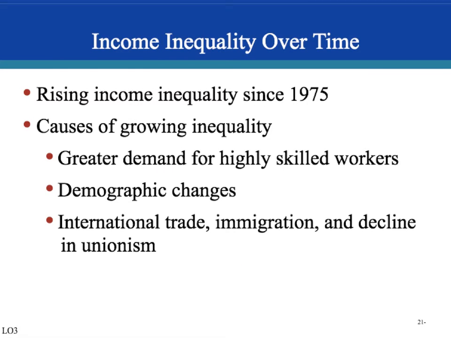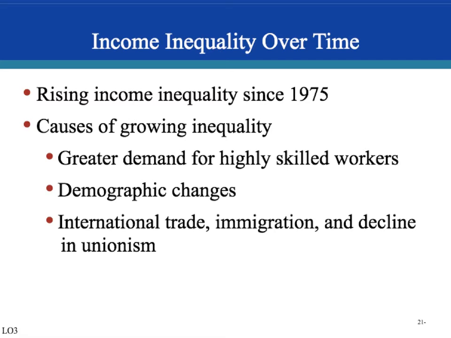Inequality has been rising since 1975. Now, the real wages of the highest 20% and the lowest 20% have been rising. However, the wages of the highest 20% have been rising faster than the wages of the lowest 20%. One cause of this is that the U.S. economy has changed. We went from agricultural-based economy to manufacturing-based economy to now a services-based economy.